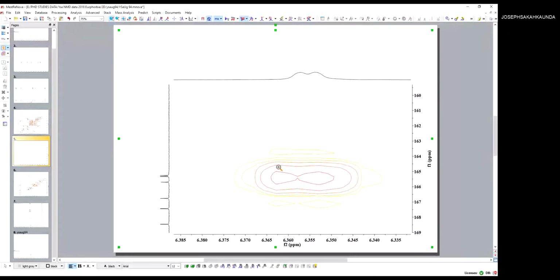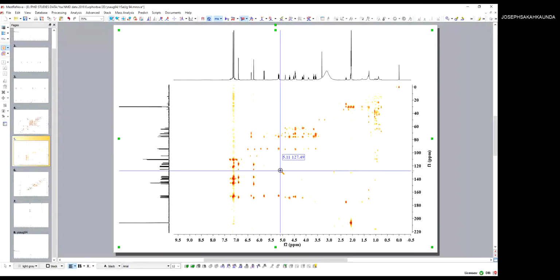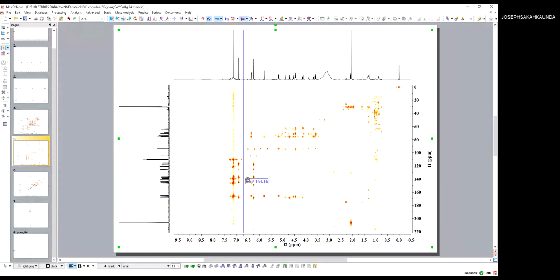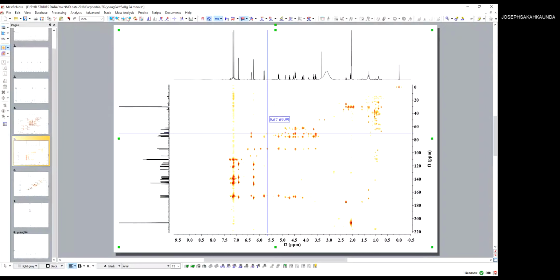We are back to the HMBC spectrum. We know 165. We go to somewhere. Now, remember, when I was looking for 165 initially, I began from the proton and I moved downwards to find that carbon.